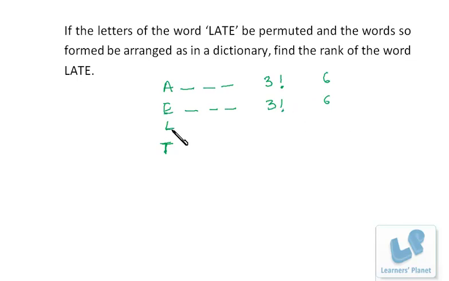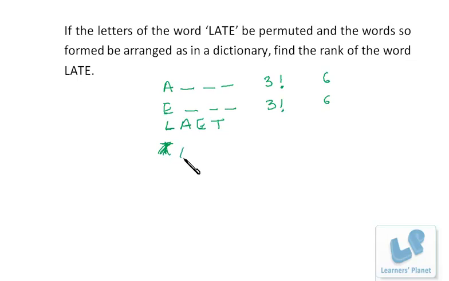Now it comes to the letter L, right? So now we have to find out the rank of LATE only. So just forget this T. Now L, if L is at the first place, now what happens in the dictionary? What will be there in the second place? From A, T and E, it will be A, right? Then in the dictionary from T and E, T will come, right?